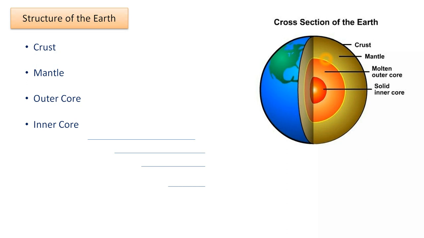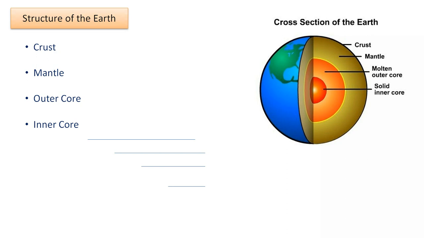If you just try to peep inside and see what is present inside this ball, right now, this ball is Earth. You will see there are four layers, and in these four layers, the outermost layer is crust. Here you can see the black outline.